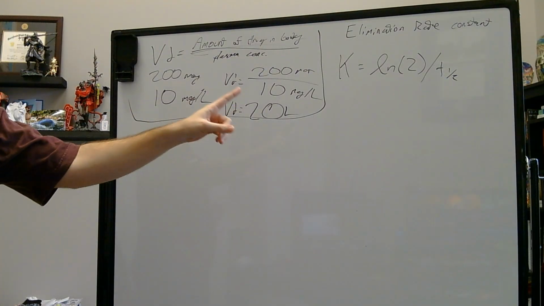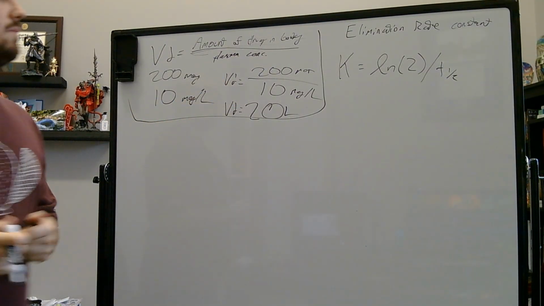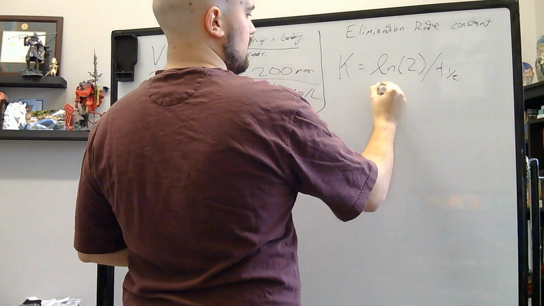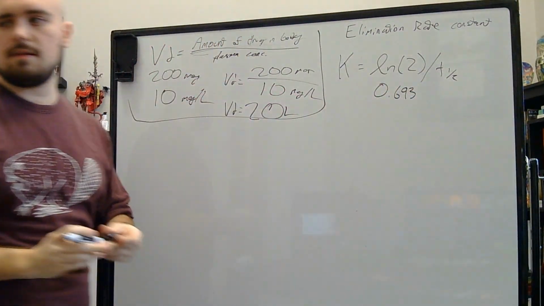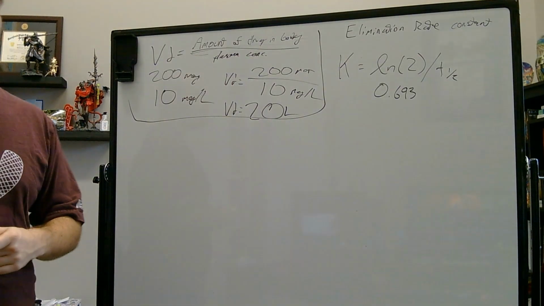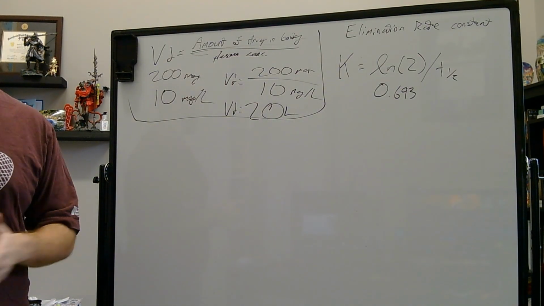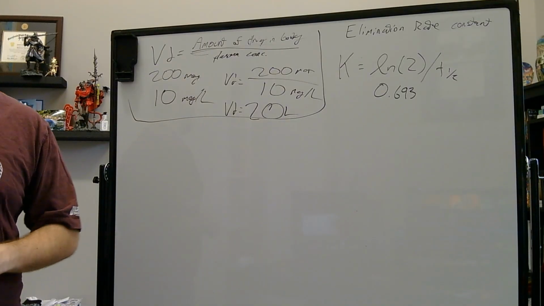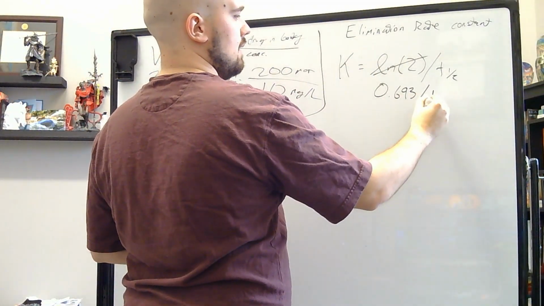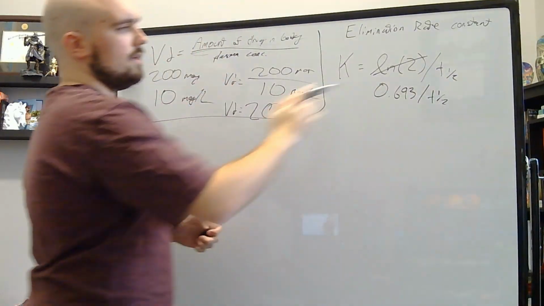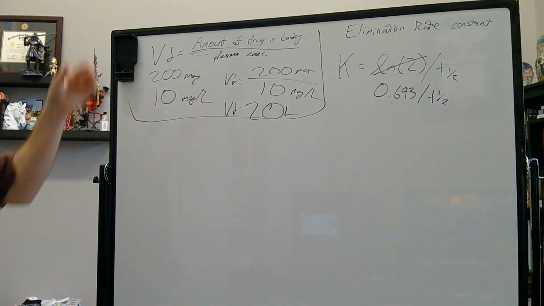You don't actually need to know about the natural log of 2 part. A lot of people just use 0.693. It's the same thing, and you don't have to deal with natural logs in your calculator. So K equals 0.693 divided by half-life, T1/2.